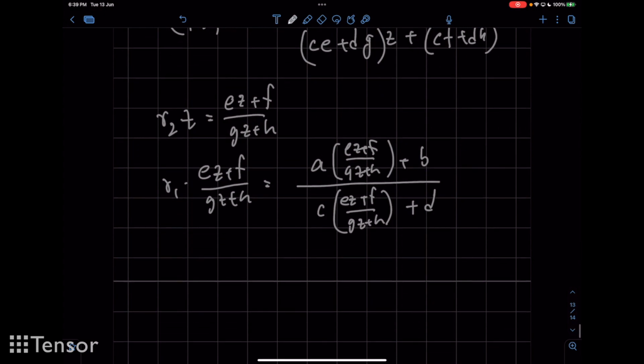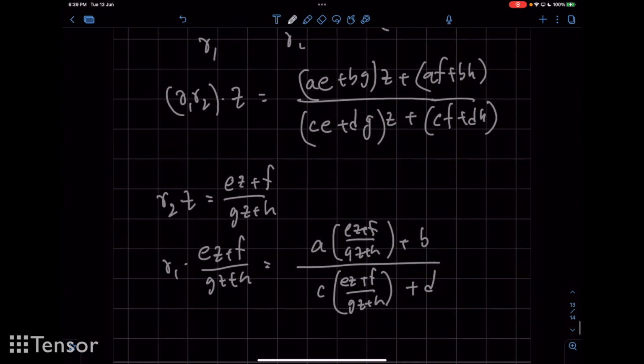If we just multiply it by Gz plus H here, then we can see that these two are indeed the same. So the group action of SL2Z on the upper half plane is indeed a group action. We have just verified that.